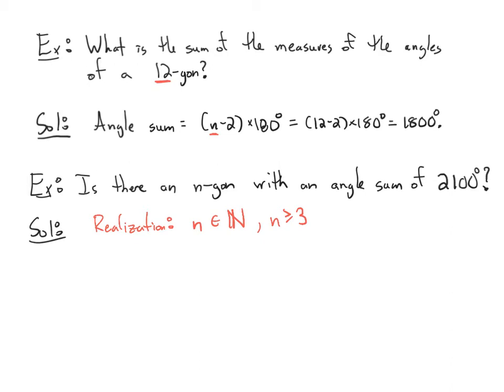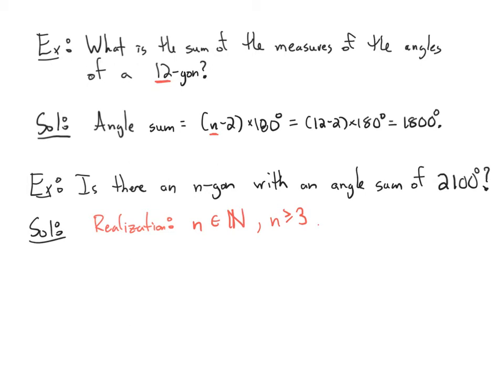You can't make a polygon with less than 3 sides. So we know that if there is a polygon with an angle sum of 2,100 degrees, n has to be some natural number greater than or equal to 3. Okay, so let's see if this is true.